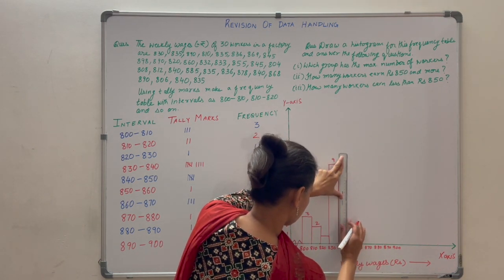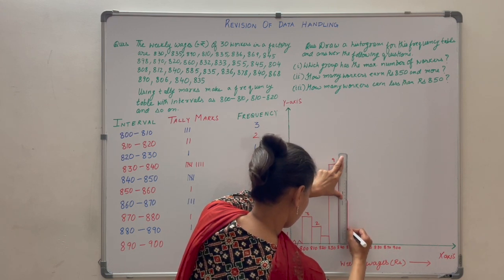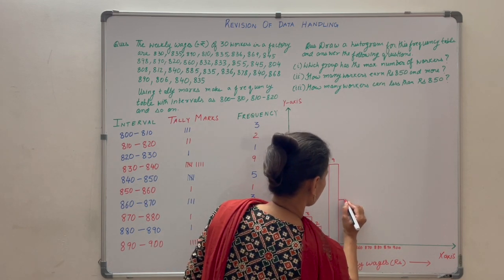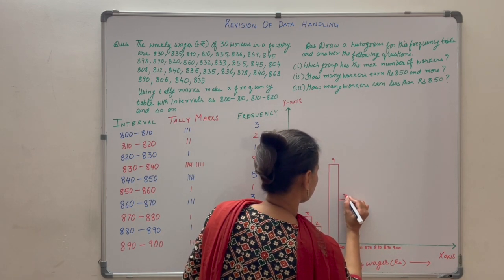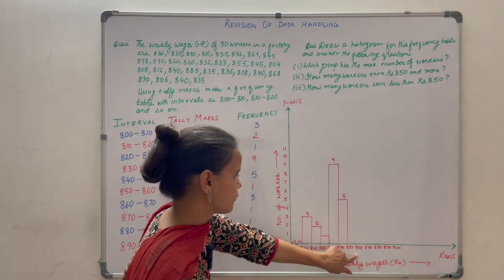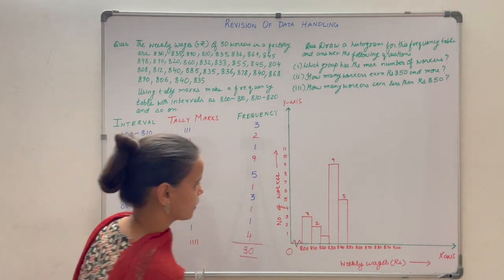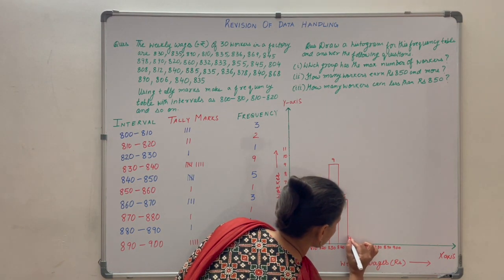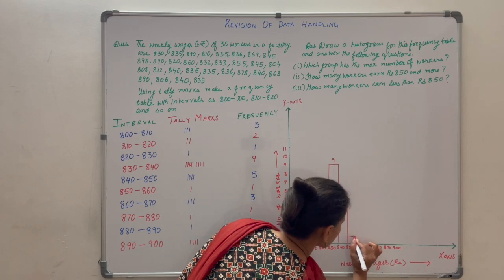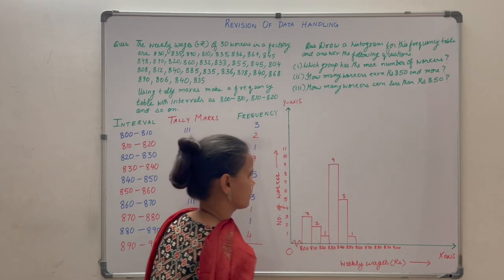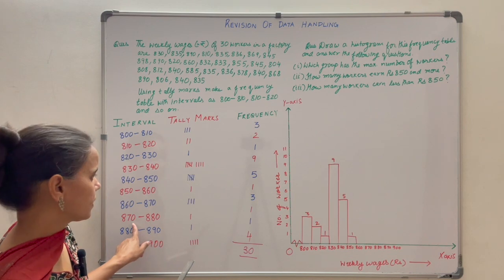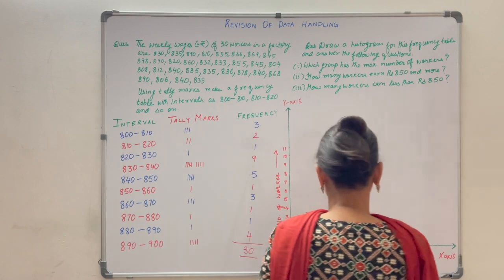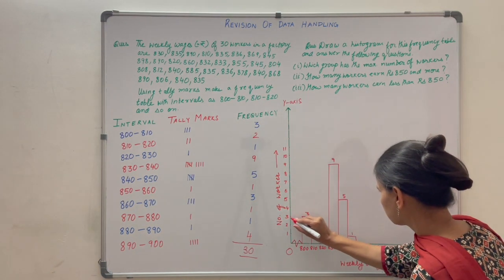Let's make it. This is 5. Then 850 to 860, it is 1. It is here. This is 1. Then 860 to 870, it is 3. It is here.